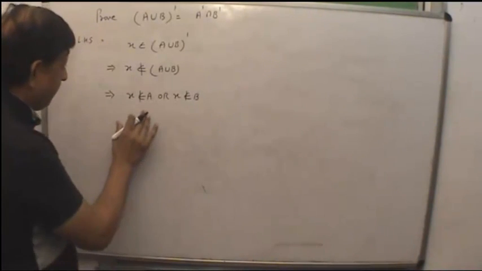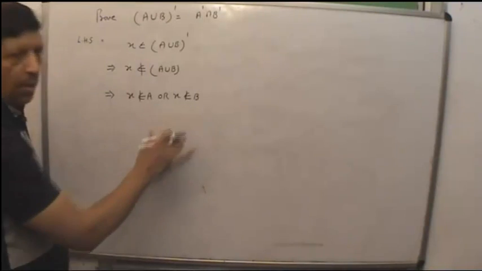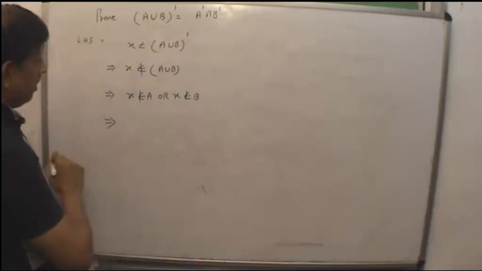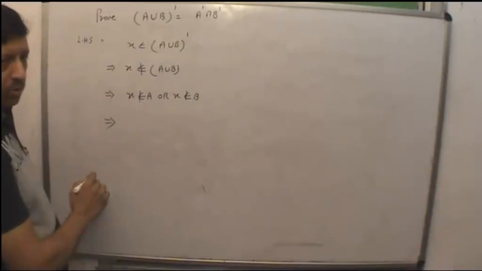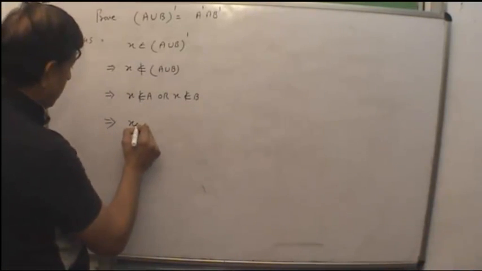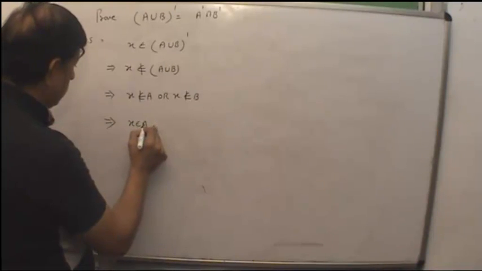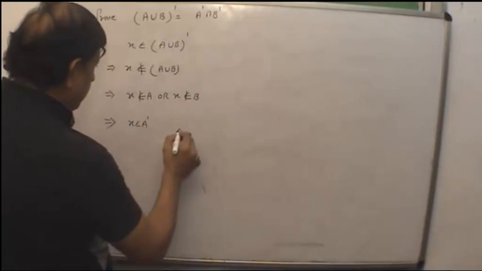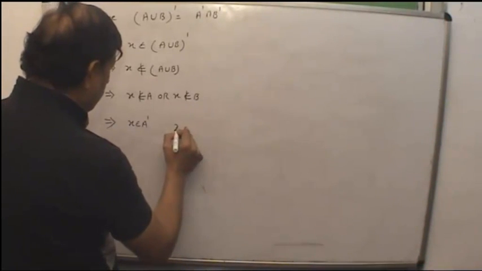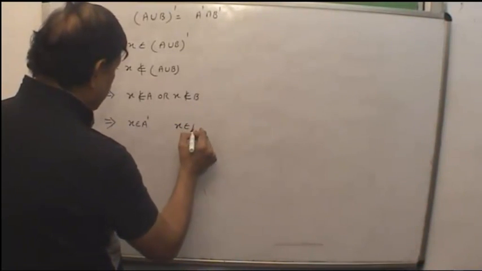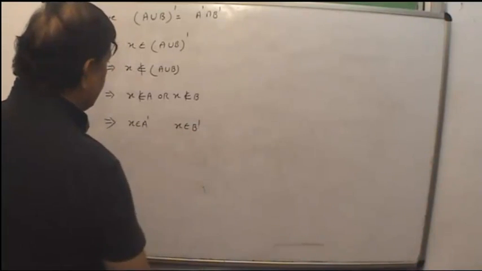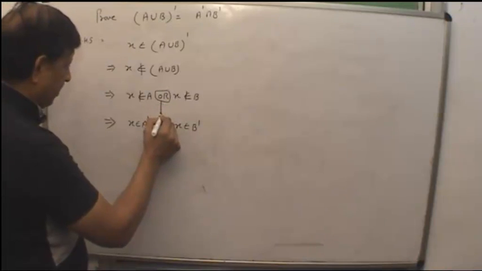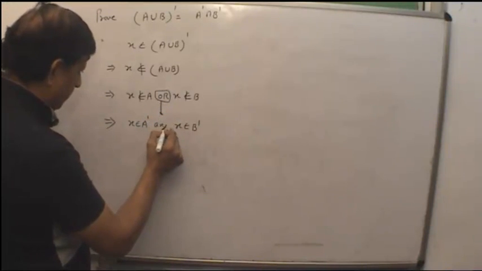Now here we take the complement. If X does not belong to A, it means X belongs to A complement. X does not belong to B means X belongs to B complement, and or. What about the or? Complement changes or into and.